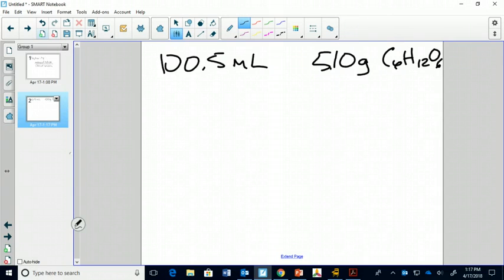And they want to know what is the molarity of this solution. Because remember, molarity is that big M, the big kind of script italic M.